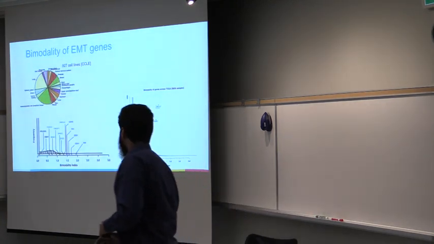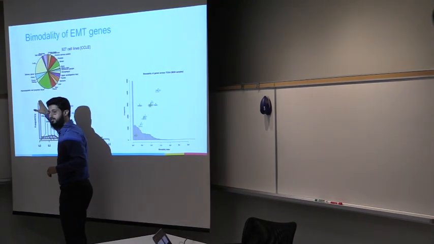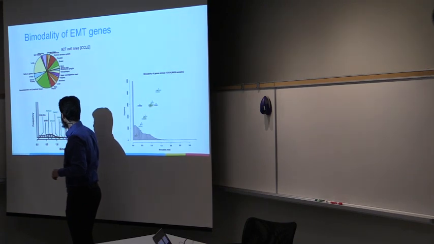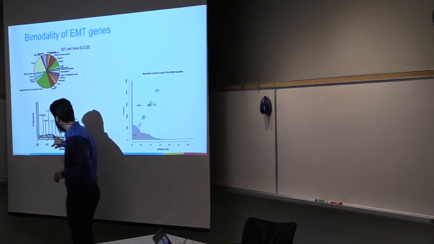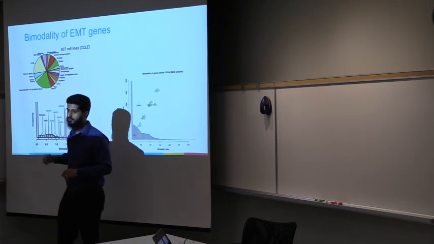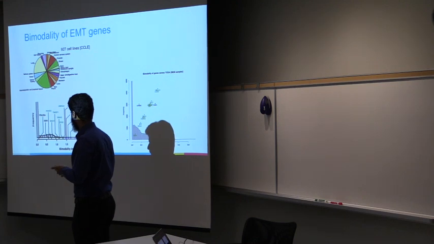Yeah. This plot actually shows the distribution of all the genes across the 900 cell lines, and these are where these genes appear. So there are still a lot of bimodal genes that we can explore, but we just focused on the EMT. Where would your cutoff be, like a bimodal index greater than 1, or anything?